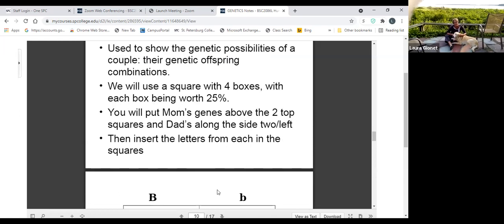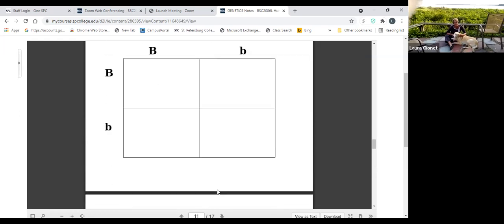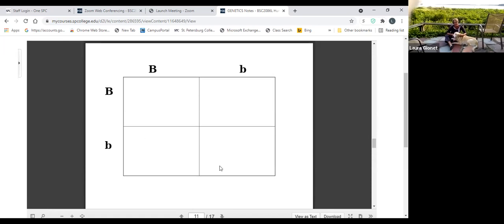Then you insert the letters from each in the squares. So here they're not telling you what you're trying to determine the offspring for, but this person on the top row would be heterozygous for B. We're doing blood, that's not even blood typing. It would be for, I don't know, whatever the B is going to be for.